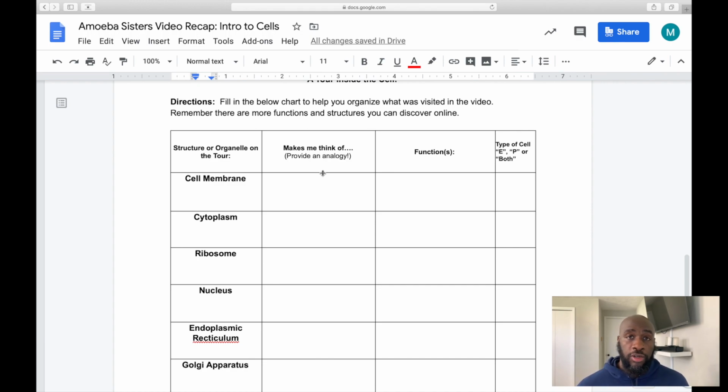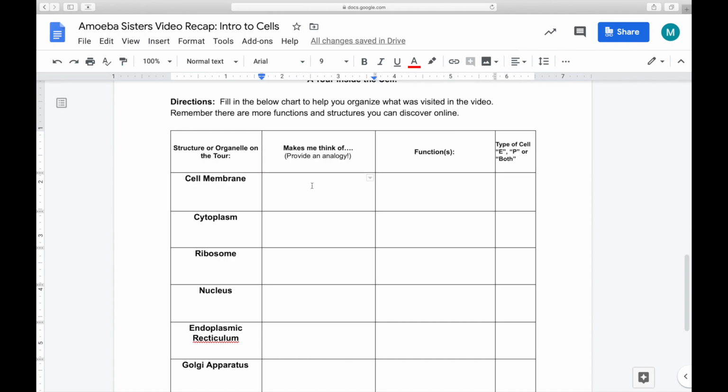A security guard, they protect and patrol buildings. They decide to let certain people in or not let certain people in. So the cell membrane makes me think of a security guard. So I will put security guard. Uh-oh, look at my spelling.